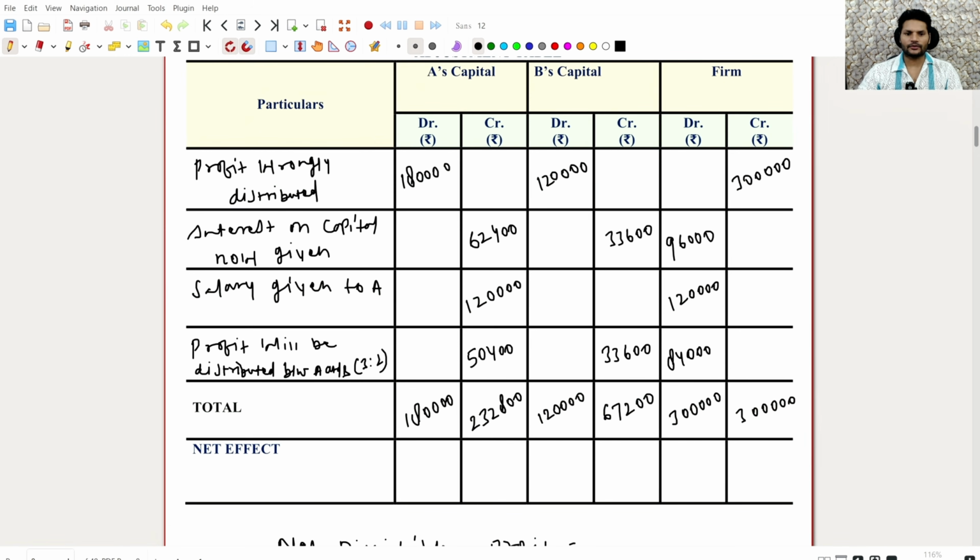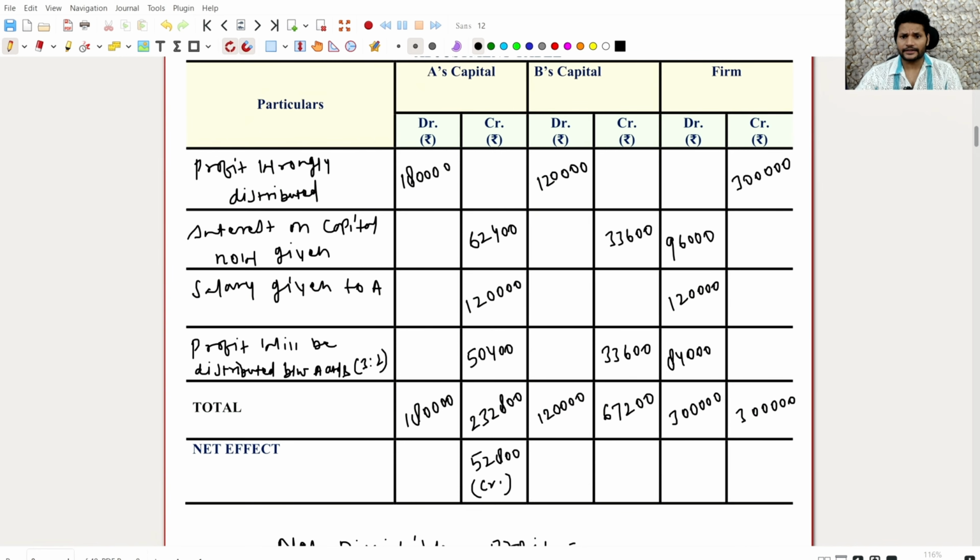Good. Let's find out the net effect. So what we have to do is compare the debit and credit side of each capital account. So let's check A's capital. Now you can see here credit side is more than the debit side. By what amount? That is 52,800. So credit balance is 52,800. Now let's go to B's capital.